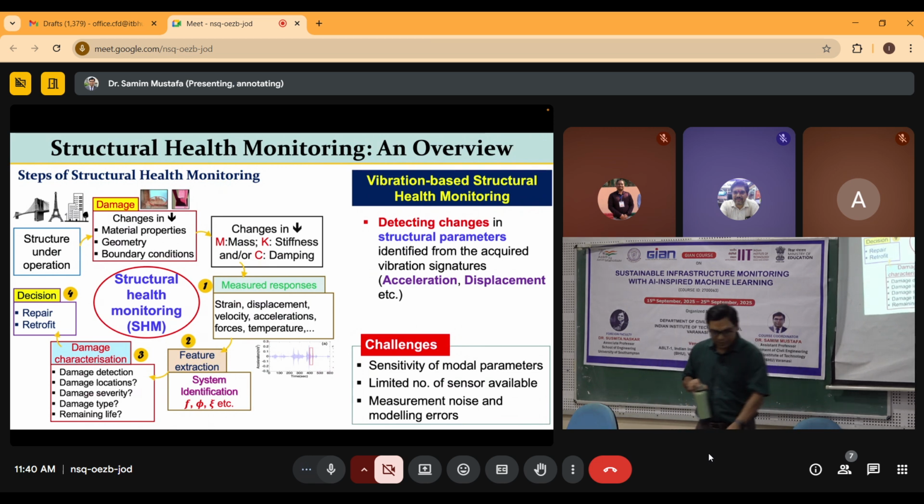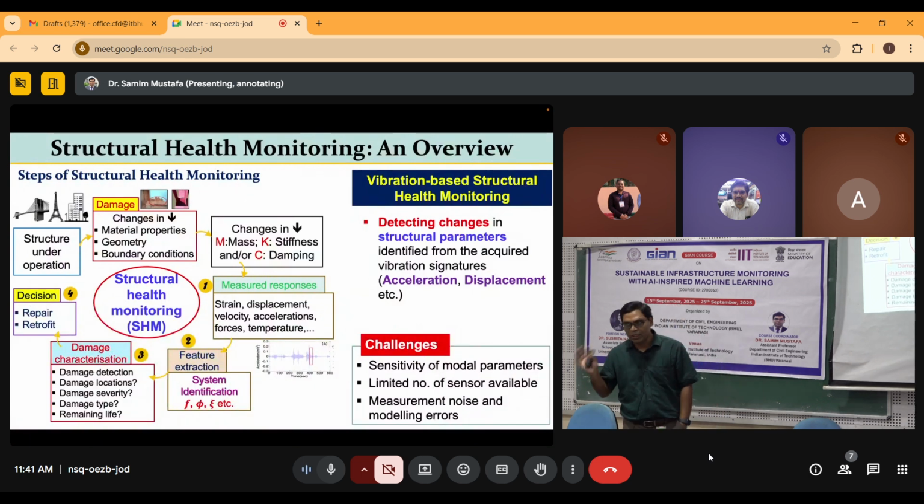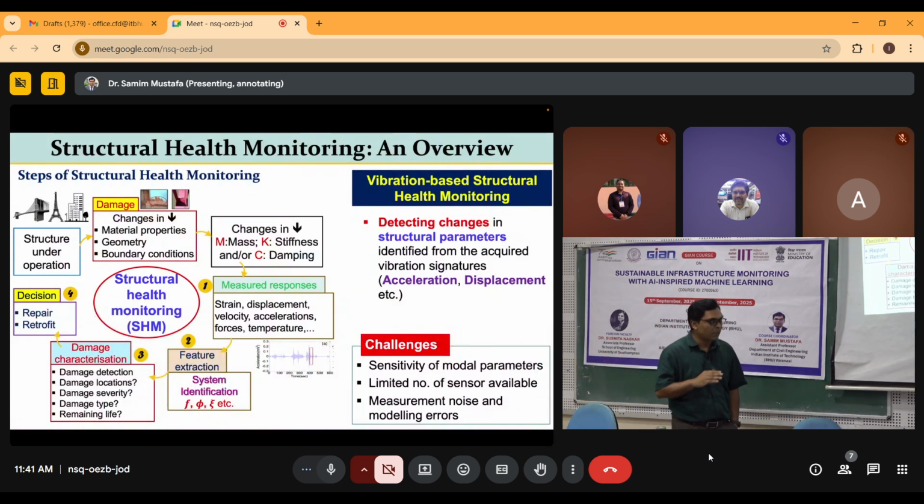We can implement a vibration-based damage detection or vibration-based structural health monitoring system. So the idea is to detect the changes in the structural responses or parameters from the measured vibration response, like acceleration or displacement or velocity, whatever it is, okay. You are just placing some sensors and measuring the vibration of the structure, and from there you try to obtain all of these 4 steps.